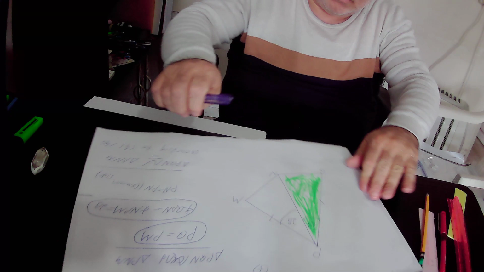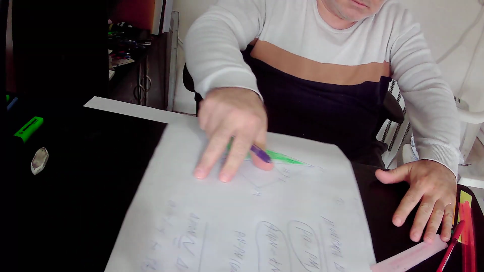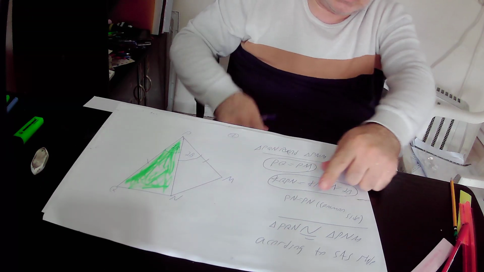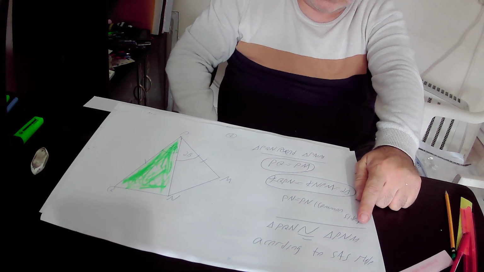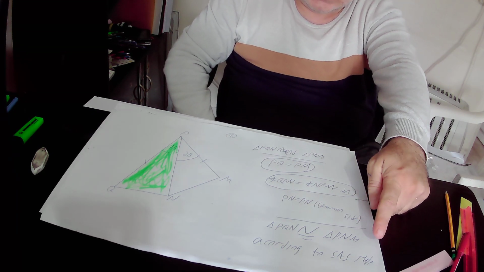So we actually proved that the green triangle PQN is congruent to the white triangle PNM according to the side angle side rule.